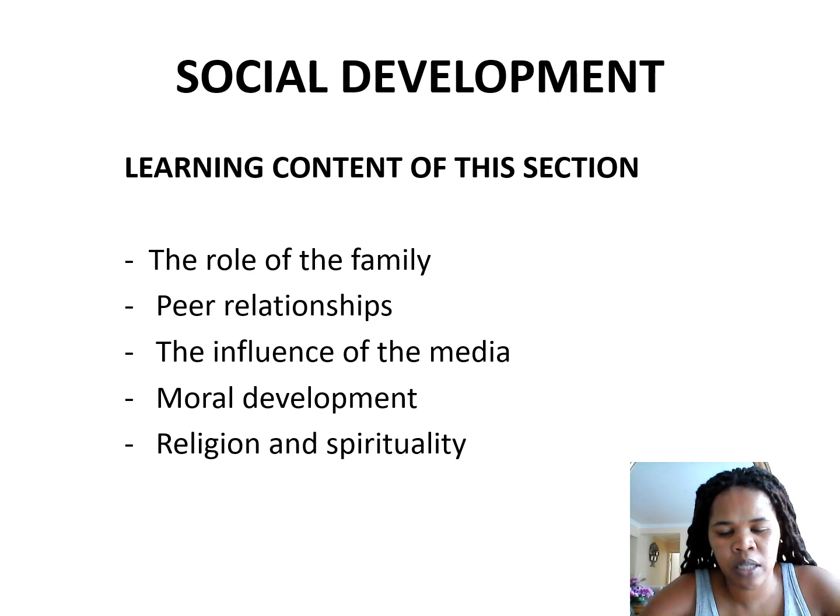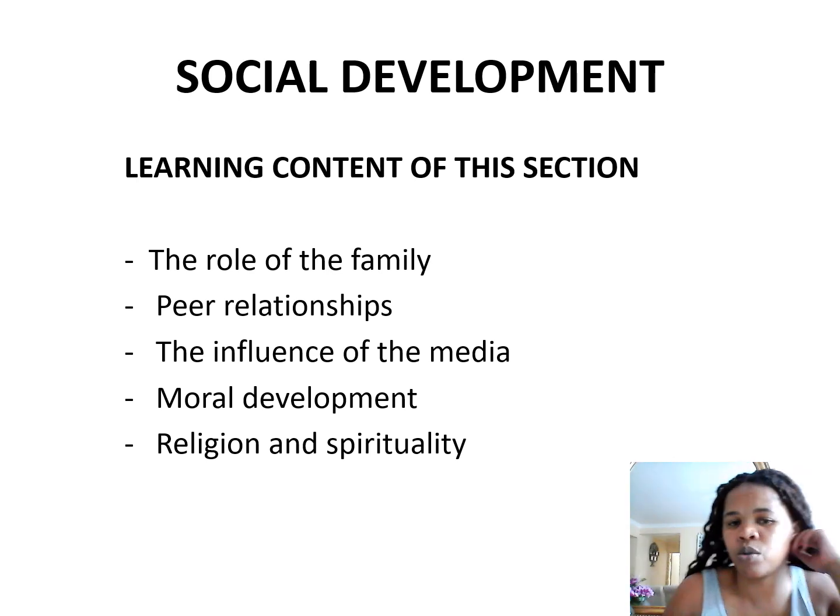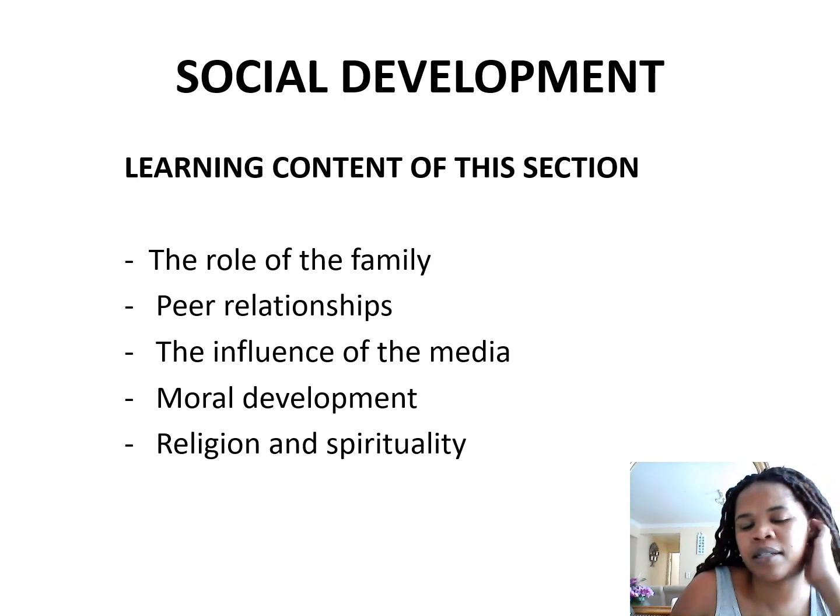So if you've got a child who stays with only a mother and a father who never go out, they are always at home, it affects the growth and how the child socializes with other children or with other people. Because mom and dad are always at home, it means that the child only socializes with the mom and the dad, which is not really socialization. So it can affect the social development of the child.